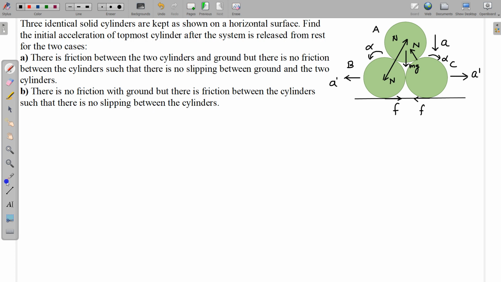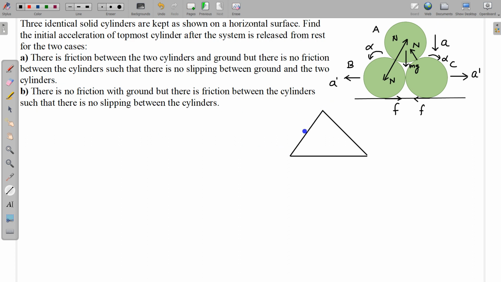And we have to use the geometry involved in this question. So joining the three centers will give an equilateral triangle at this particular instant when they are just released. So I'm joining the three centers, and joining three centers will give me this equilateral triangle. So these normals are along this equilateral triangle. These are the sides. Normals are along these sides.